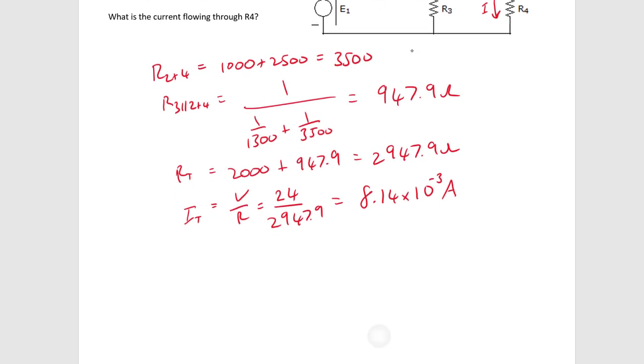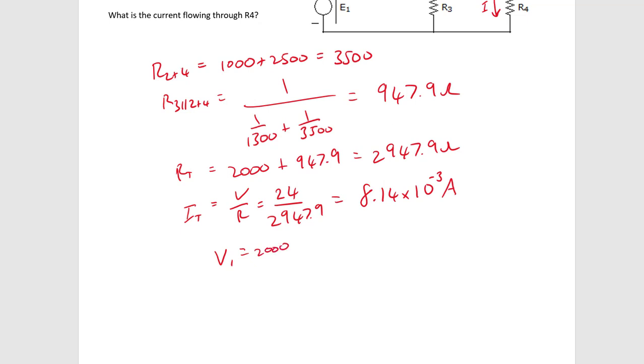So now that I've got that, I can say that the voltage across R1 is equal to the 2000 ohms multiplied by the 8.14 times 10 to the negative 3. So the potential across that particular point is 16.28 volts.